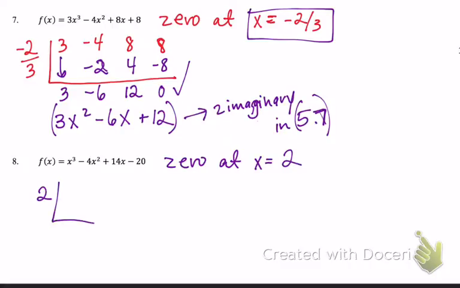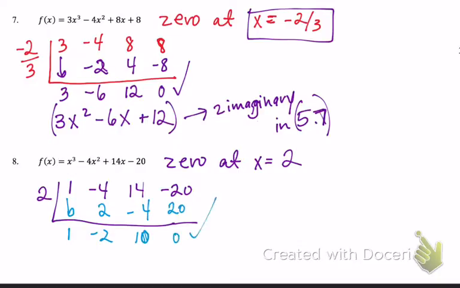So if I were to use synthetic division, I would have 1, negative 4, 14, negative 20, and I'm going to bring this down. 1, 2, negative 2, negative 4, 10, 20, 0. So then I am left with x squared minus 2x plus 10.